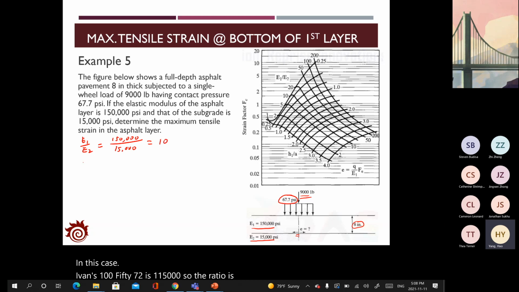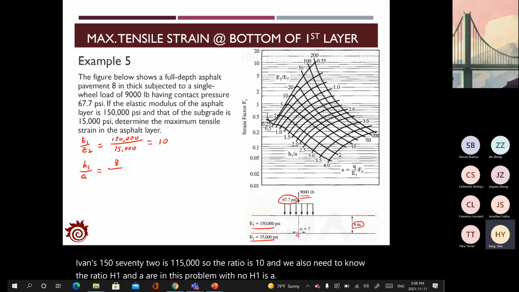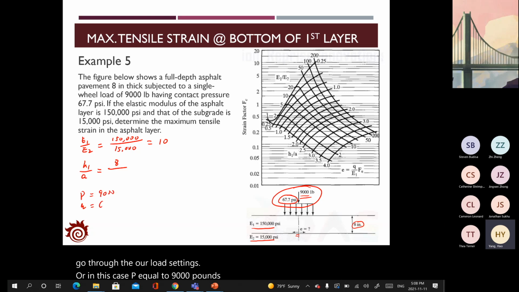And we also need to know the ratio H1 and A. In this problem, we know H1 is 8 inches, but we don't know the value of A. In order to find A, we have to go through the load settings. In this case, P equals 9,000 pounds, and Q equals 67.7 psi. But we know that there is a relationship between P and Q.